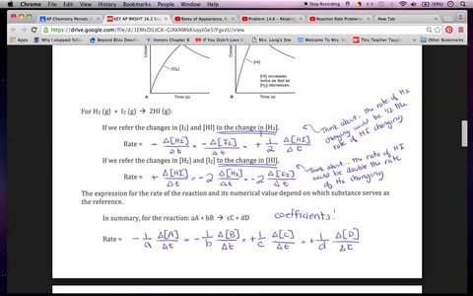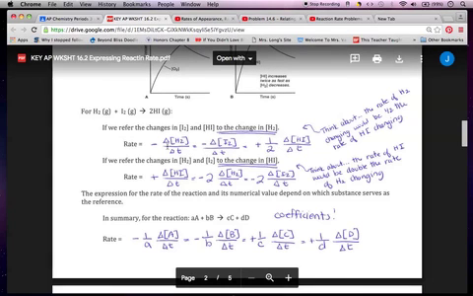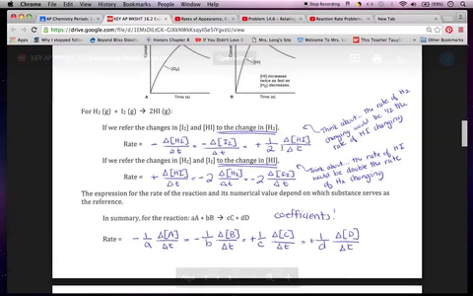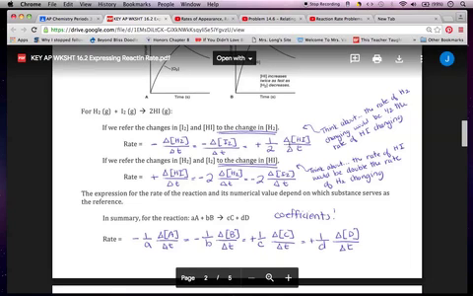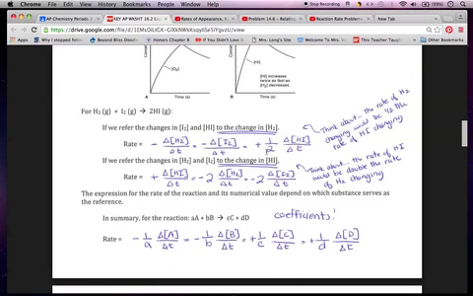Since H2 and I2 are 1-to-1 in the reaction, it would be the same for I2's concentration changing over time. However, when we look at HI, if this is 1-to-1, then in order for these to be equivalent, we would need to take 1/2 the rate of HI increasing over time.